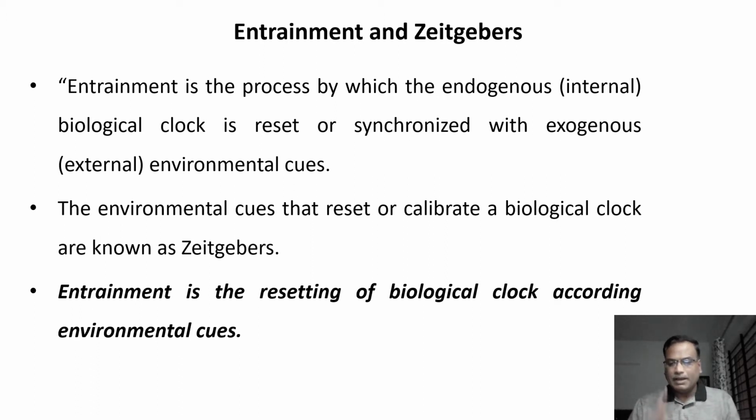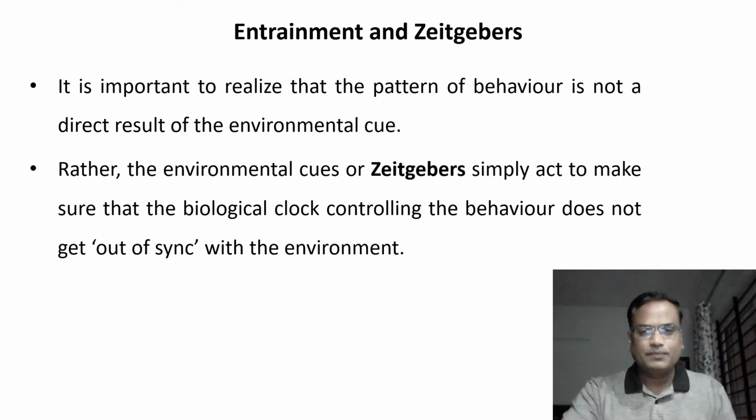No, the biological clock is internally regulated and it only takes the help of environmental changes just to reset it. So it goes on smoothly, and whenever it goes out of sync, we use the word free run for this. When the biological clock goes out of sync, it is called free run. Coming back from the free run, it takes the help of environmental changes. So that is the concept of entrainment and Zeitgebers.